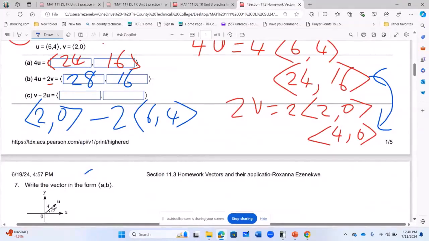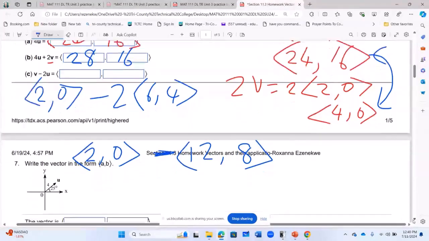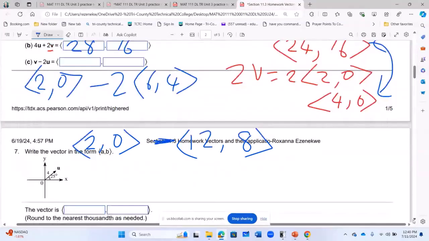It's a vector, don't forget. 2 times 4 is 8. And I am subtracting, so I subtract the first component from the first and the second from the second. So 2 minus 12 is negative 10. 0 minus 8 is negative 8. Therefore, vector v minus 2u is negative 10, negative 8. I put it in here, negative 10, negative 8.